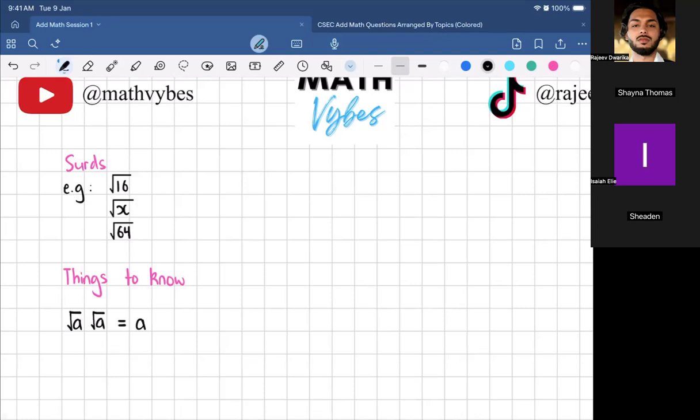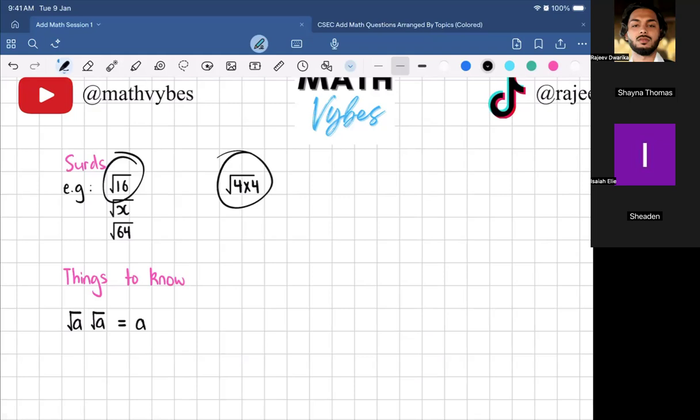So Sheena, let me show you something really fast. To get back 16, what would you multiply by each other? What by what? 4 by 4, right? And I could write the square root of 4 by 4. Does this mean the same thing as square root of 16? Yes or no?